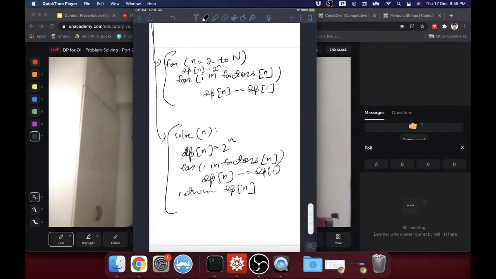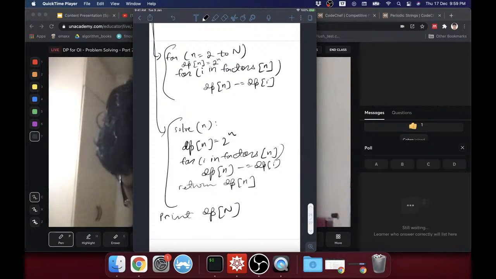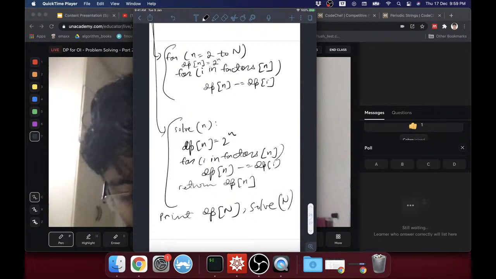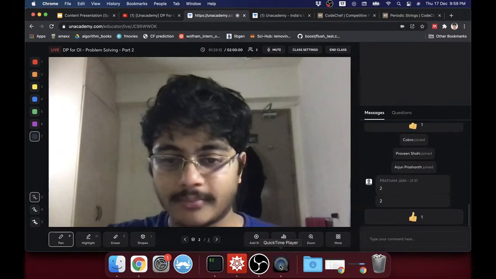And in both cases you print what? You print dpn. So here you'll actually call solve n, capital N, and there you'll just run the script, right? Broadly speaking, that's how your higher level code will look like.